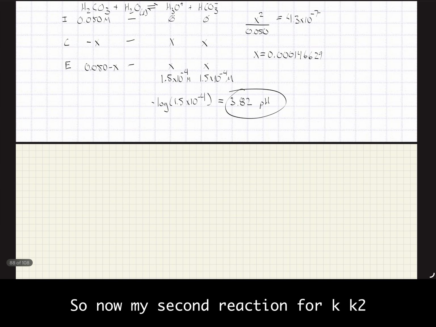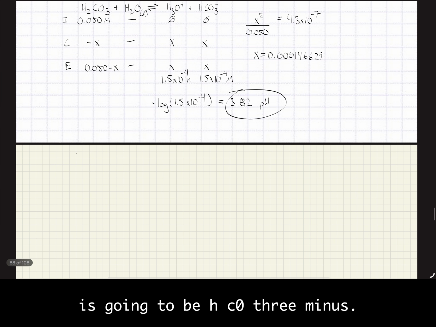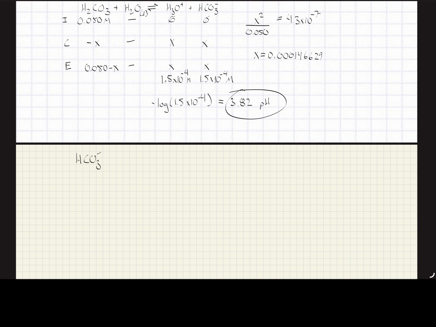So now my second reaction for Ka2 is going to be HCO3 minus, and it's a Ka. So it's reacting with water. It's reacting as an acid, plus H2O.